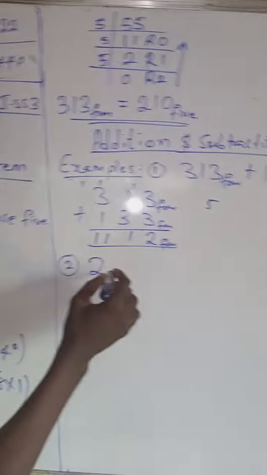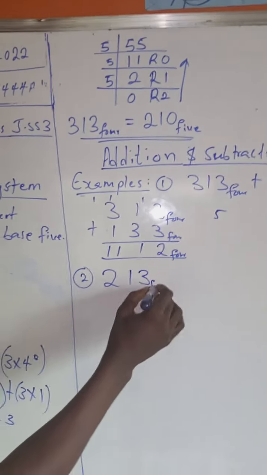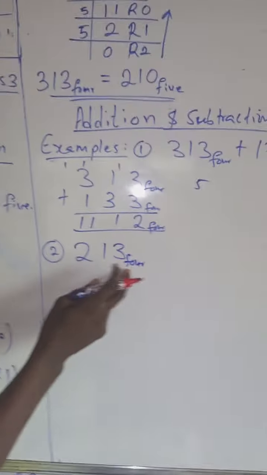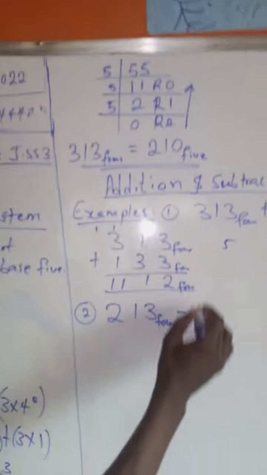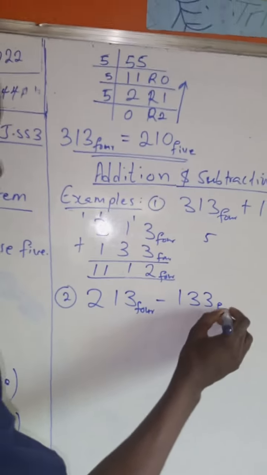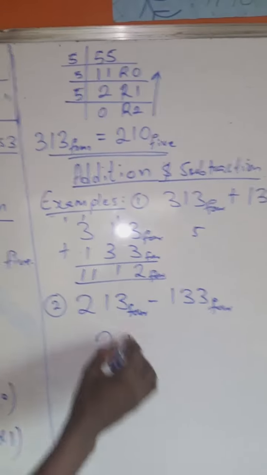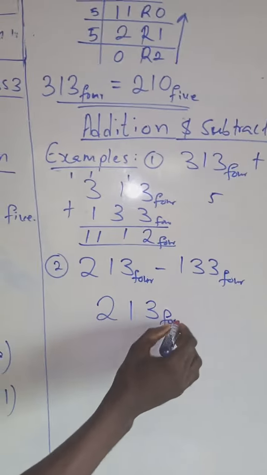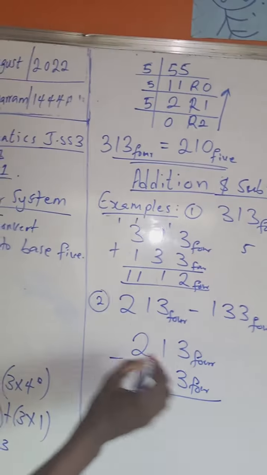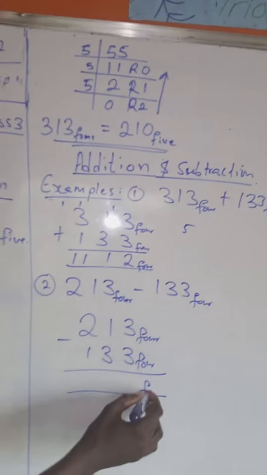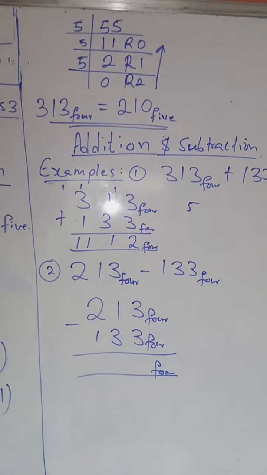For subtraction, let's say base 4. Like I told you, the base must be greater than any of the digits. So let's subtract 133 base 4 from 213 base 4. There should always be base 4.